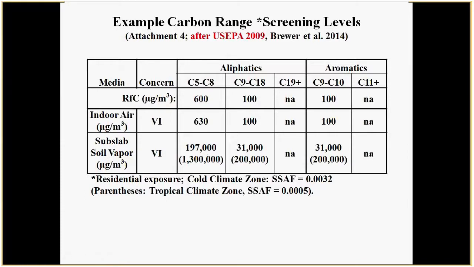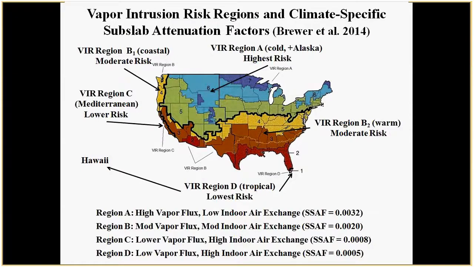Now I won't get into detail on this, but subslab vapor screening levels for vapor intrusion differ with respect to carbon ranges. This is from the paper we published in 2009. Vapor intrusion risk is a lot higher in cold areas of the U.S. because the indoor air exchange rate is lower than it is, say, somewhere in Hawaii. Well, I haven't closed the windows in my apartment; I leave them open year-round.